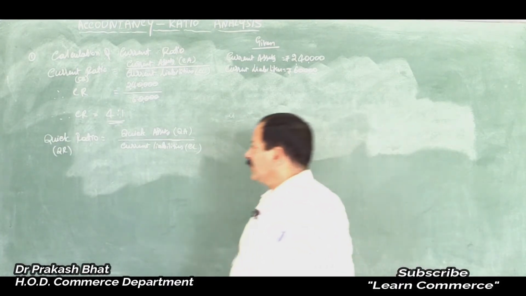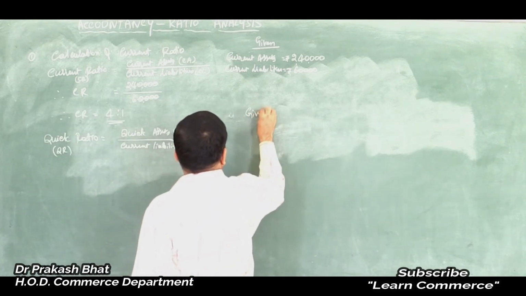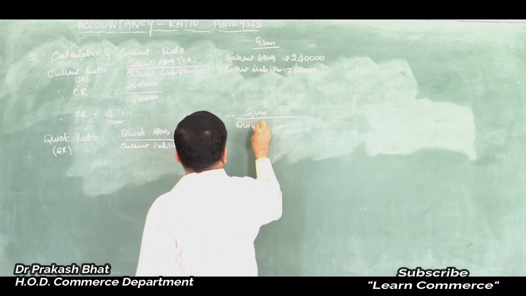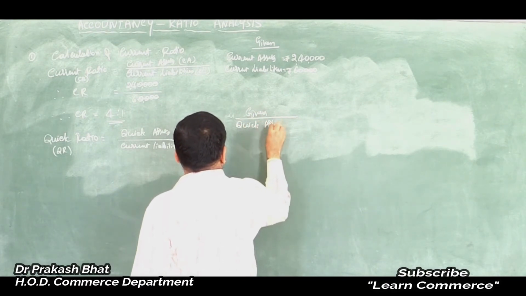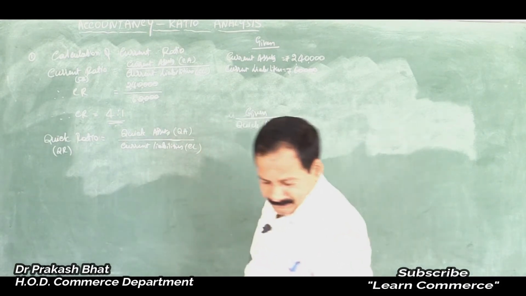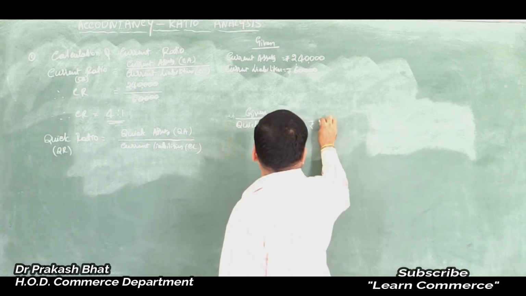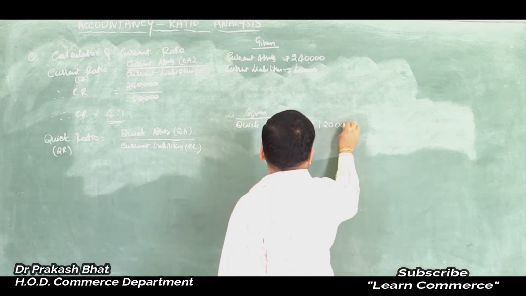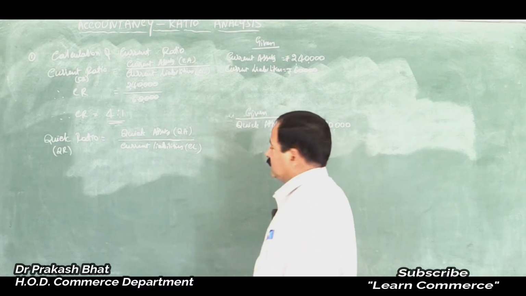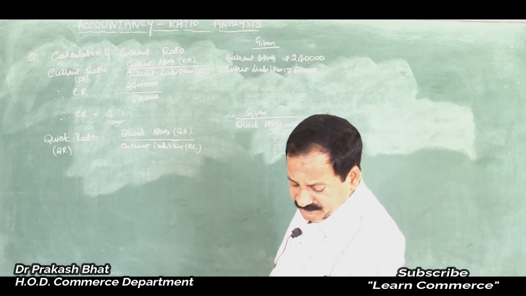Now, given right here, that is quick assets, right? Quick assets are given in the problem. How much? Quick assets 1,20,000 rupees. Wherever rupees are required, you must write it there.